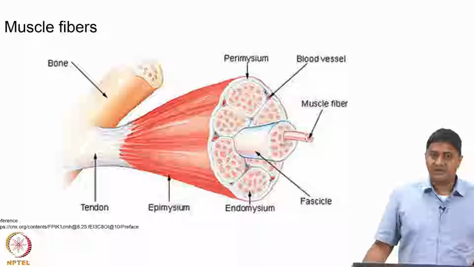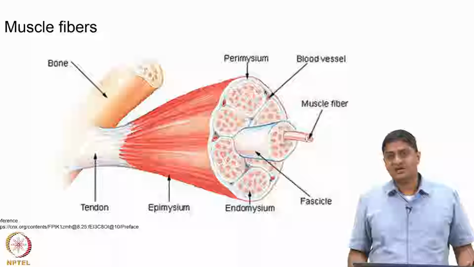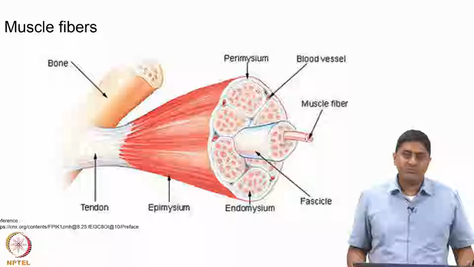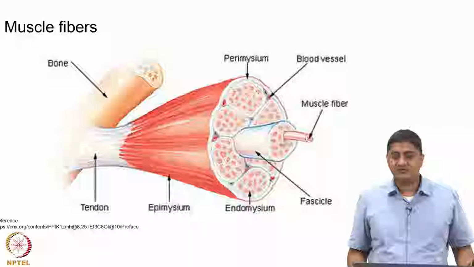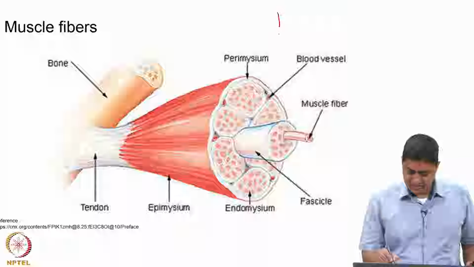Let us remember what our grand goal is. Our grand goal is to understand human movements. So, movements are produced when one bone moves relative to another. Let us consider a situation: let us say that is one bone, and there is another bone.